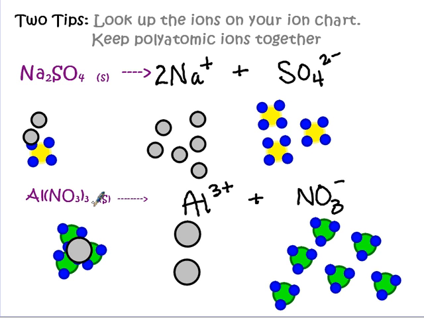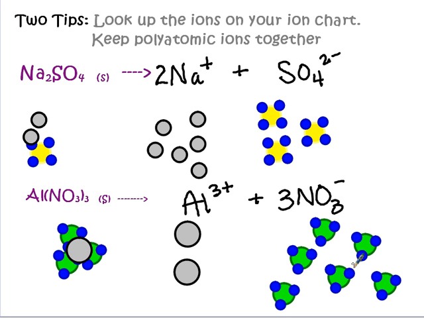If you remember when we were doing ionic formulas, if you needed more than one polyatomic ion, you'd put it in parentheses and then put the subscript outside of that. So here I have 3 nitrate ions, and so I need to represent this with a coefficient of 3 out in front, because there are 3 individual ions that are free to separate themselves and go on their merry way.